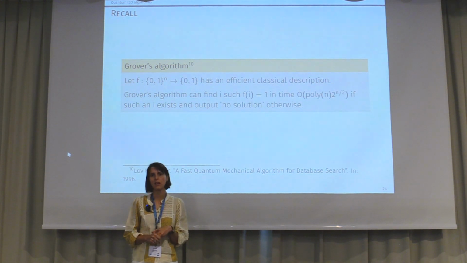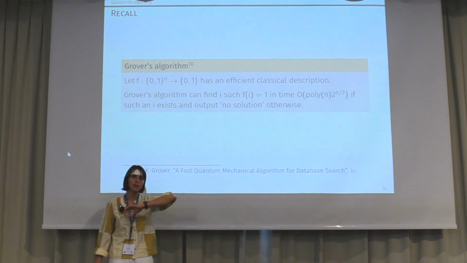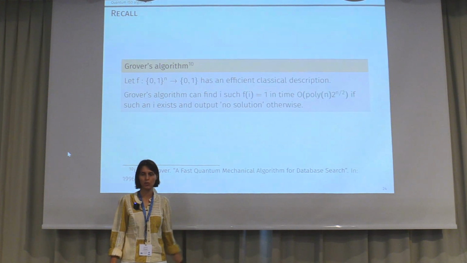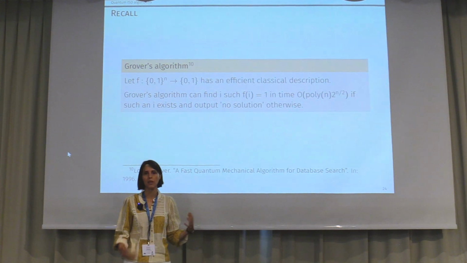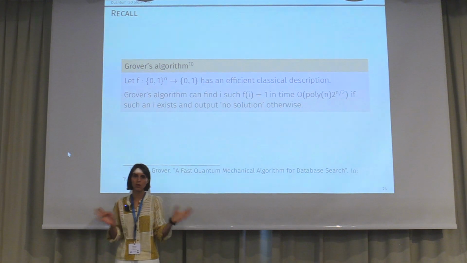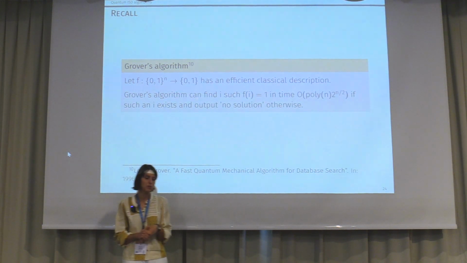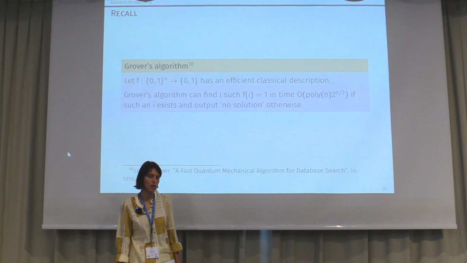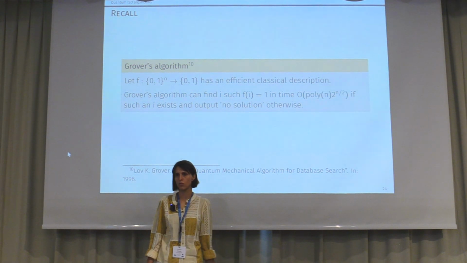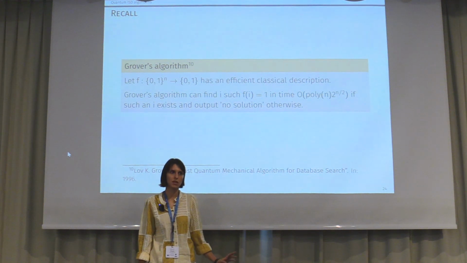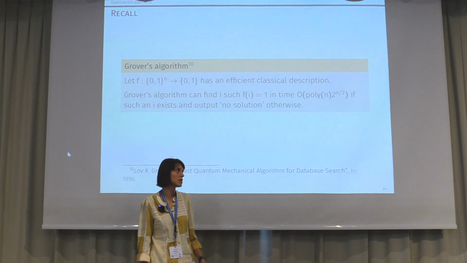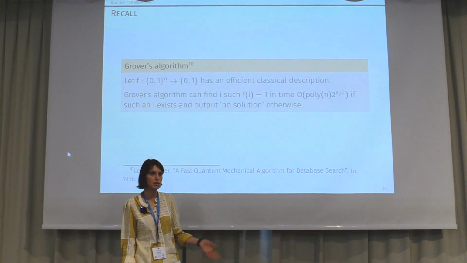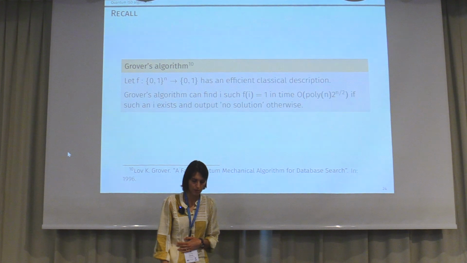Basically, instead of searching through the whole list of all possible entries to your function, you can search through the square root of the full number of possible inputs, and you will still get the solution, or the Grover algorithm will tell you that nothing evaluates to 1. So that's probably what you have seen before. It provides quadratic improvements in the database search setting.